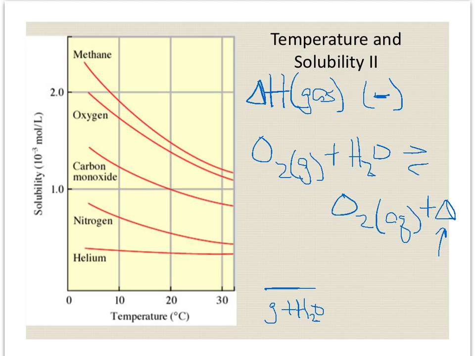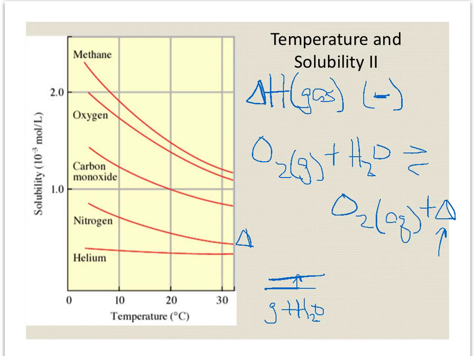How much delta H1 does it take to expand a gaseous solute? The answer is very little, because the gas is already expanded. So the magnitude of my delta H is going to be very, very small. In fact, it's probably even smaller than that tiny little arrow I just drew.